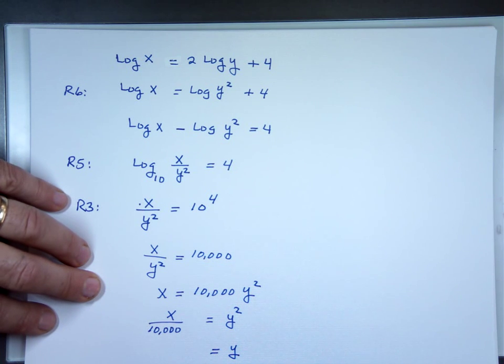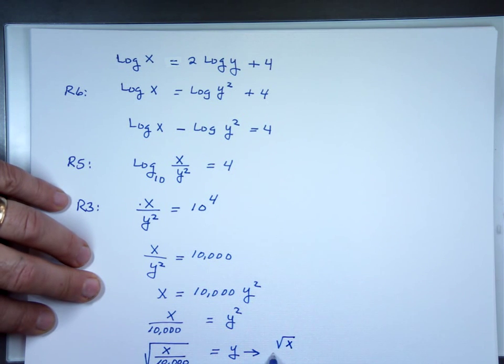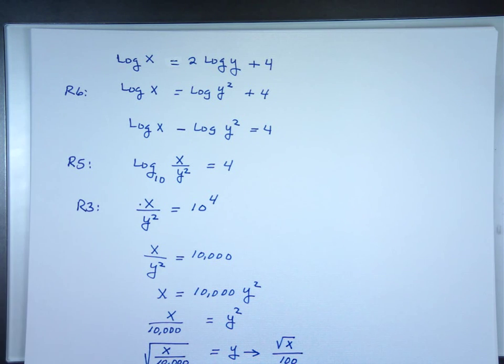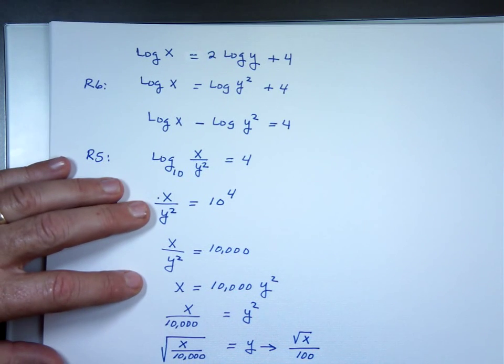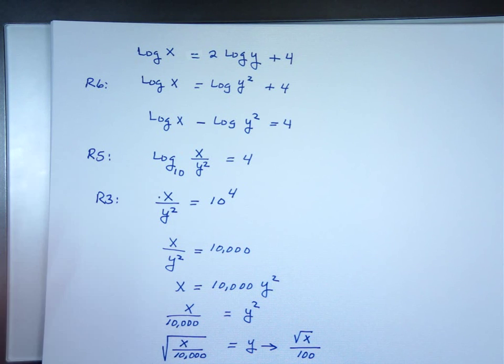Square root. Which means that's the square root of x. What's the square root of 10,000? 100? That's it.